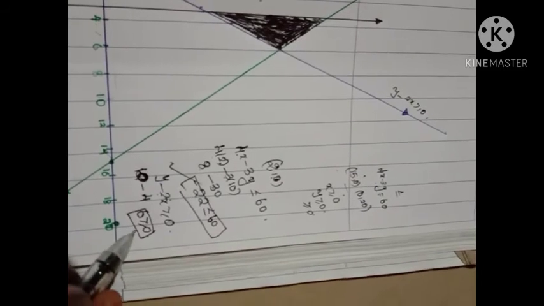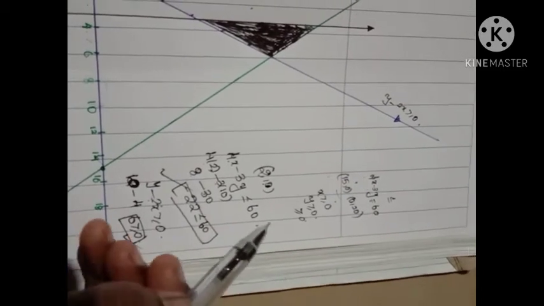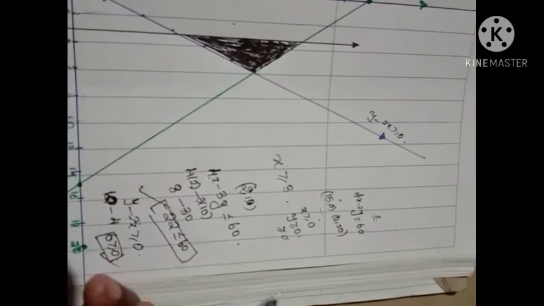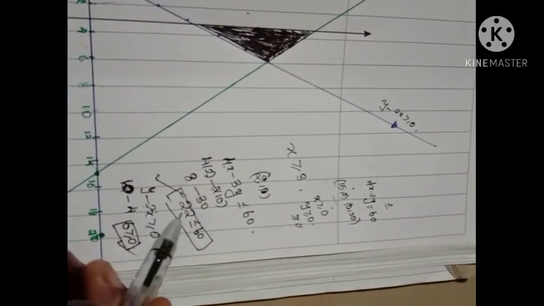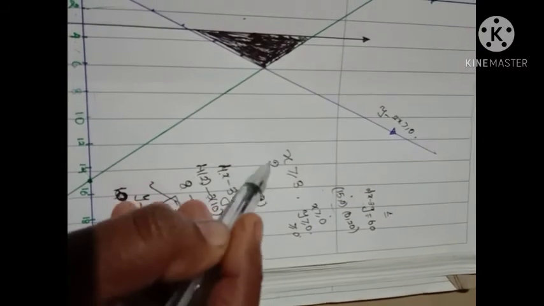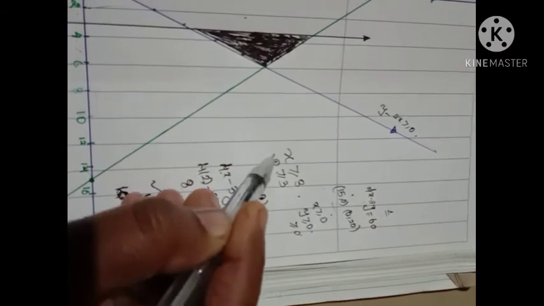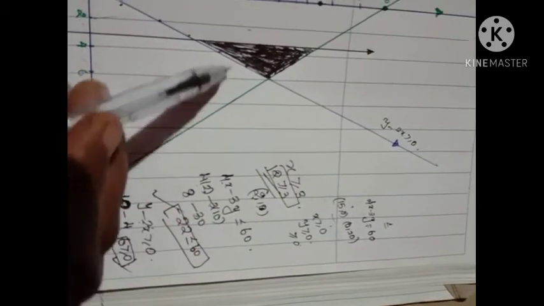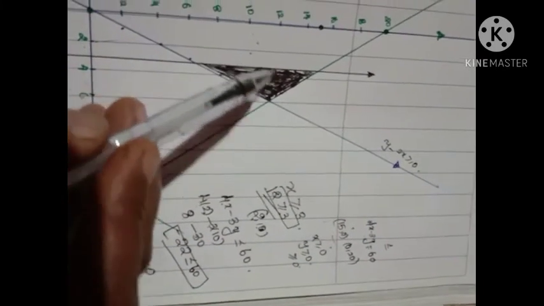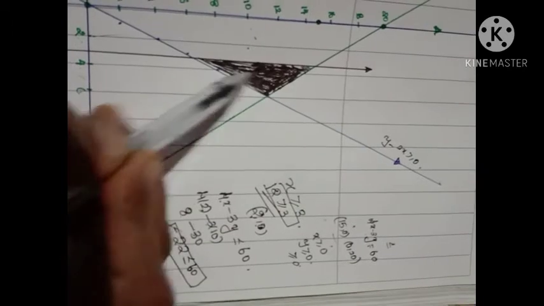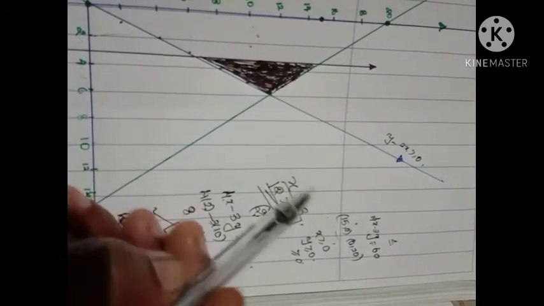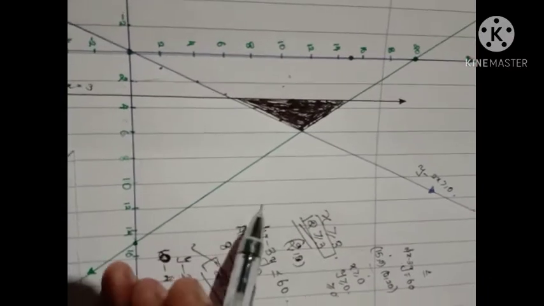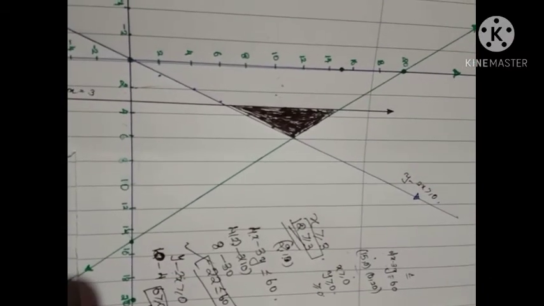This is also true. Now the third inequality is x greater than or equal to 3. So here the x value is 2. Is 2 greater than or equal to 3? Is it correct? No. So we can't take any point outside the solution region. In this manner we can represent any given system of linear inequalities.